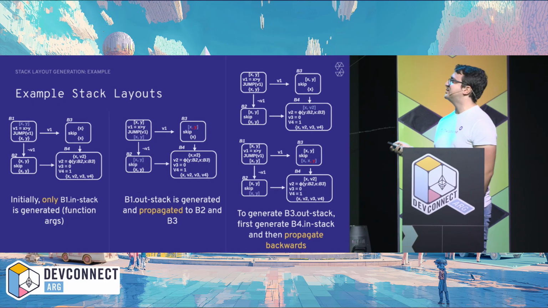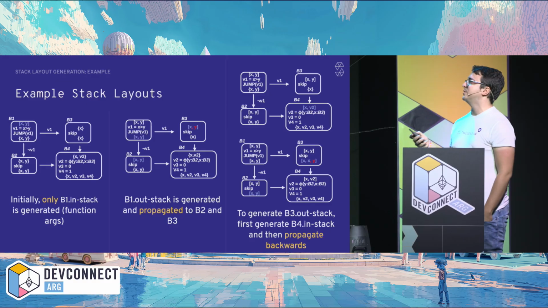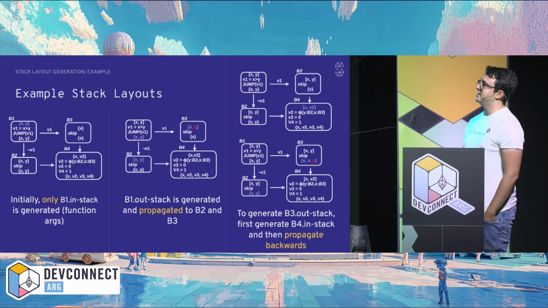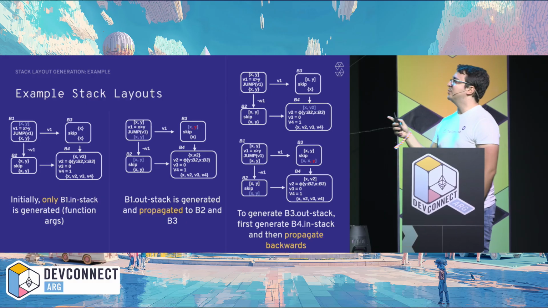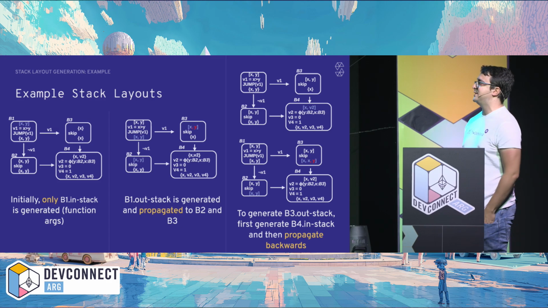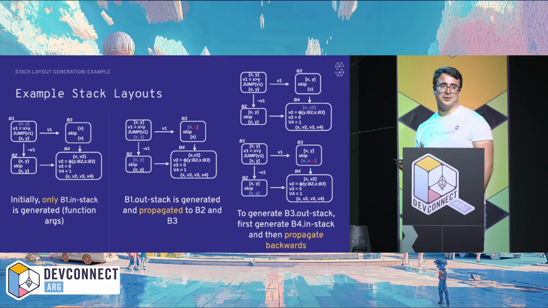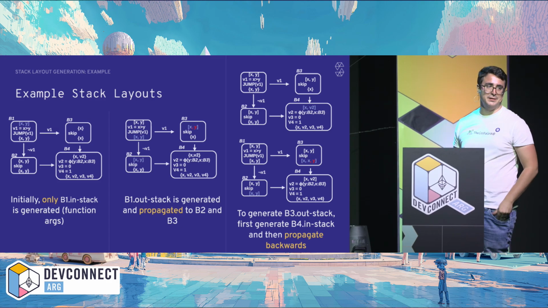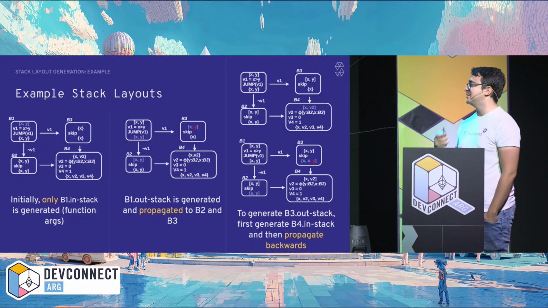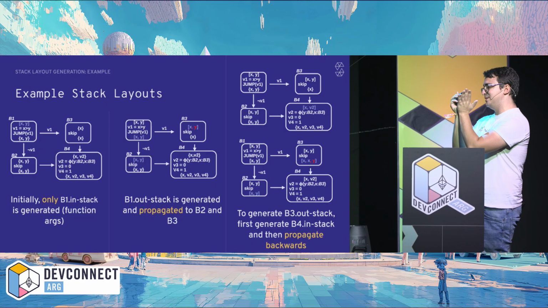So the way I do it is first decide how the in stack of B4 is propagated, which in this case is like this. And then, thanks to the phi functions, we can propagate it to their predecessors and just fix the out stack of those blocks so that they are joined together. And the good thing is, again, that using SSA makes it easier to decide how to do this unification.